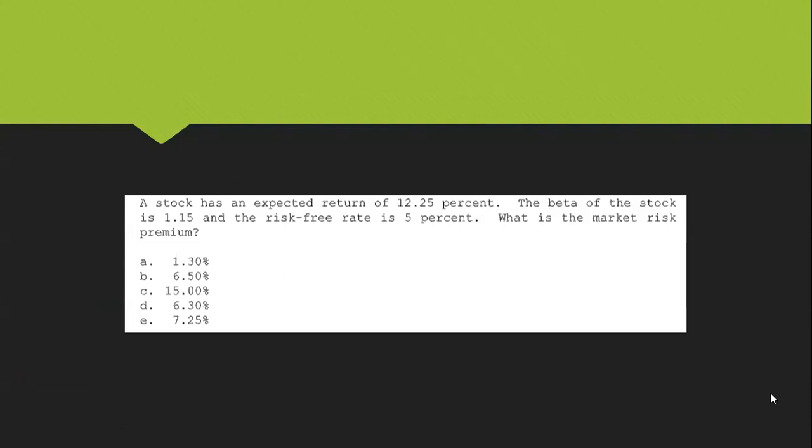Okay, remember that market risk premium is the difference between the market rate of return and the real risk-free rate.